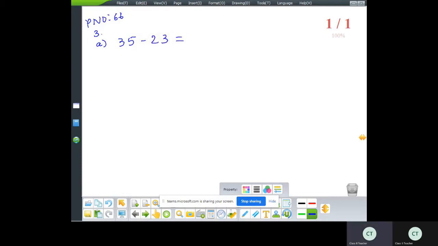First write the place values. Again write here 1 and 10.